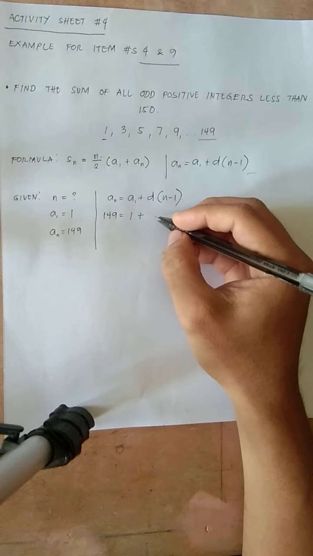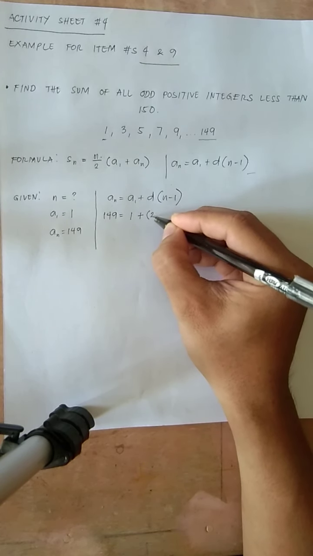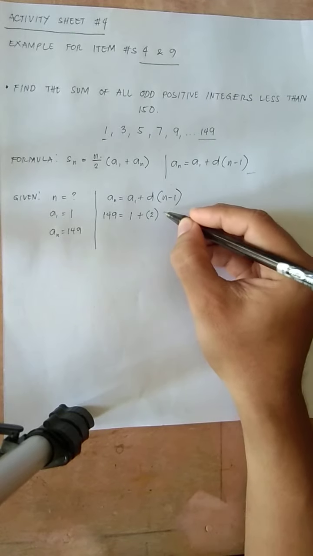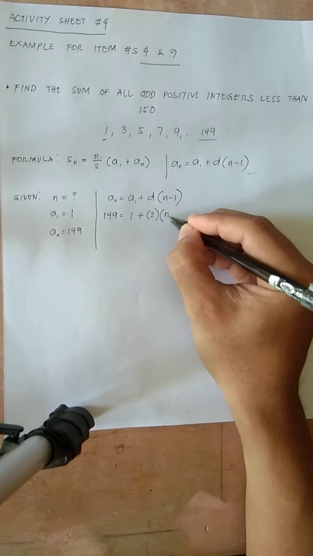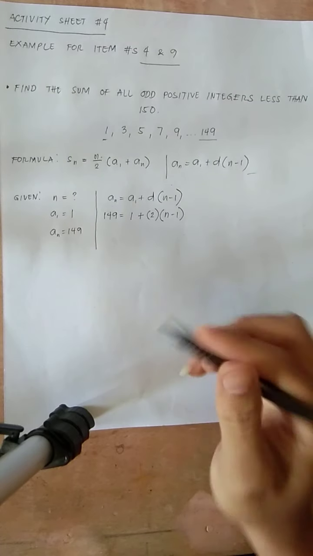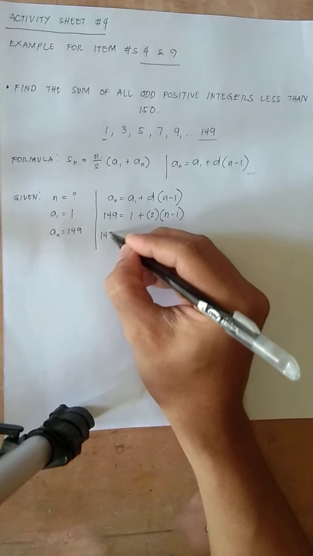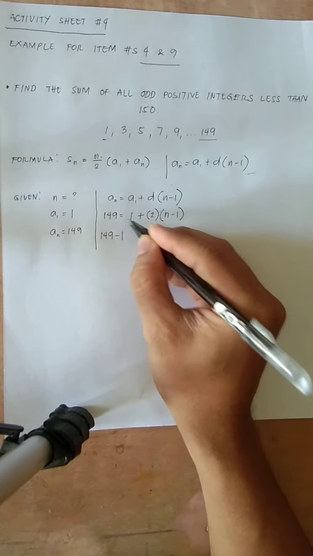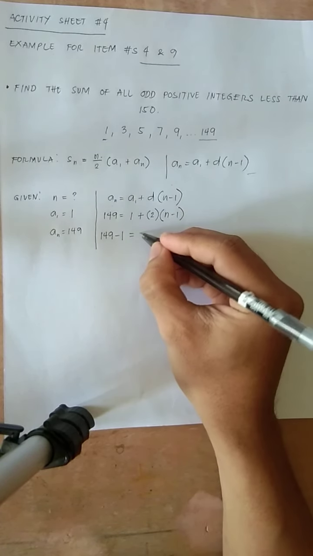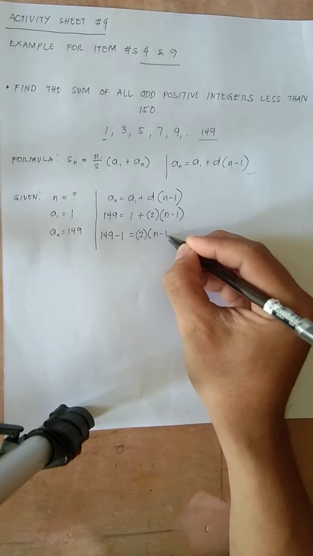So, that means that the common difference is positive 2. So, the d is positive 2 times n minus 1. And then simplify. So, first, transpose this one to the other side of the equation. So, we have 149 minus 1. So, what's left on this side of the equation is we have 2 times n minus 1.